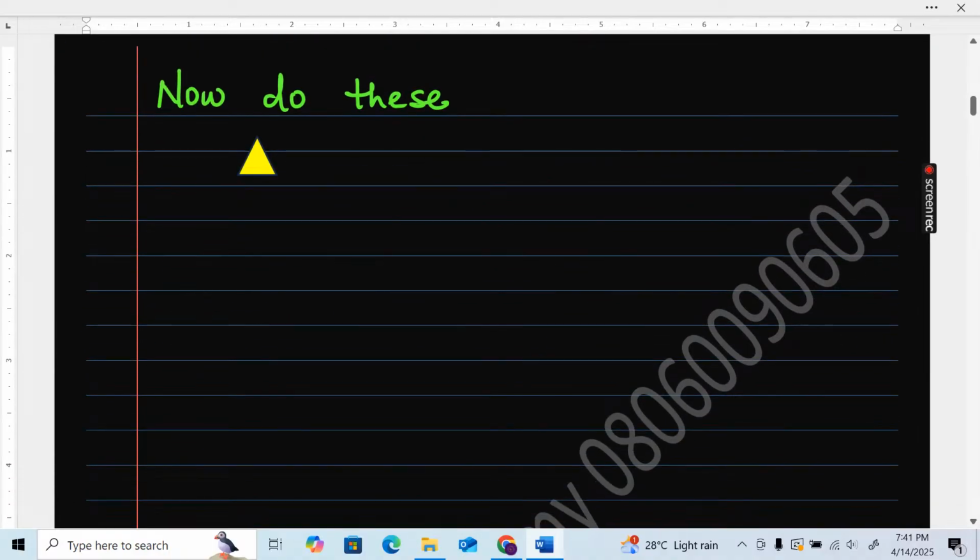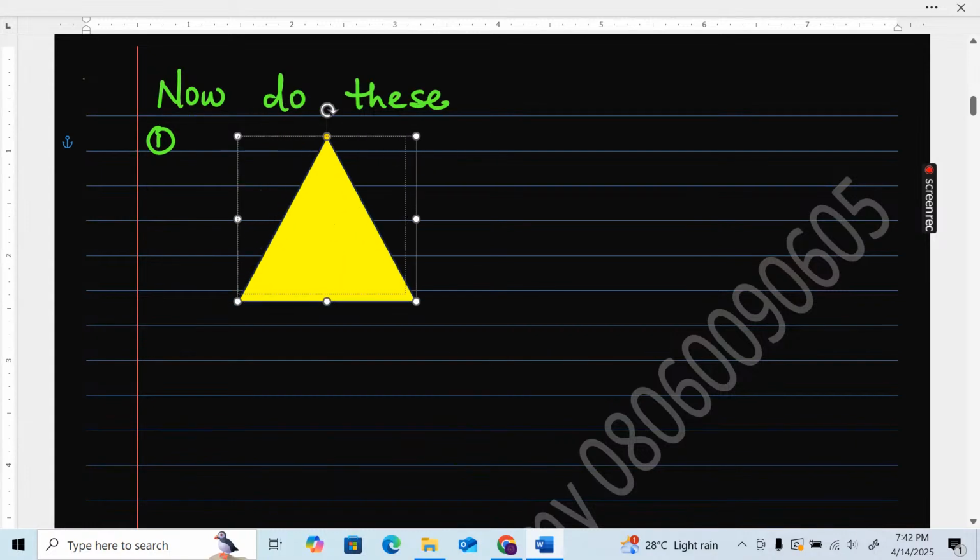So now do this. We are going to have the first one here. Make sure you draw your triangle. Make sure your triangle is very neat.